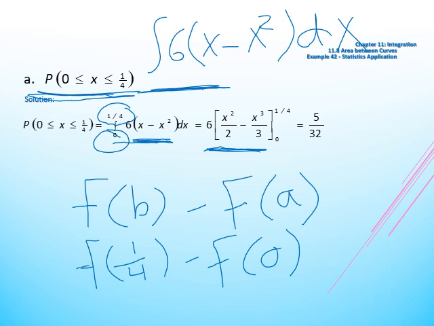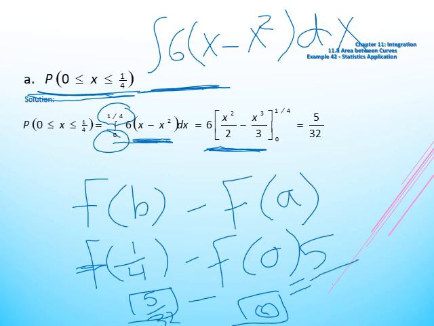So we substitute every x by 1 over 4 and get our value, minus the substitution with 0, and subtracting, our value is equal to 5 over 32 minus 0, which is equal to 5 over 32. This is our solution for this type of example.